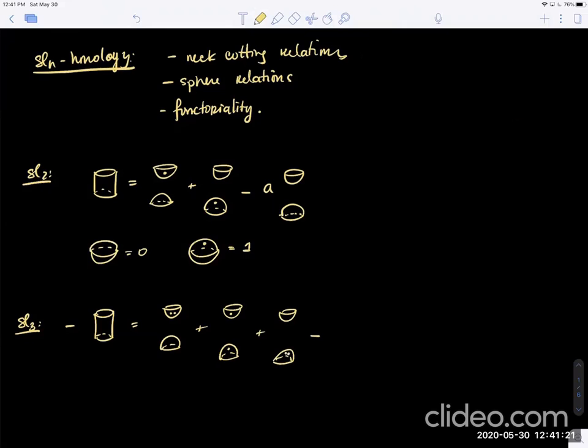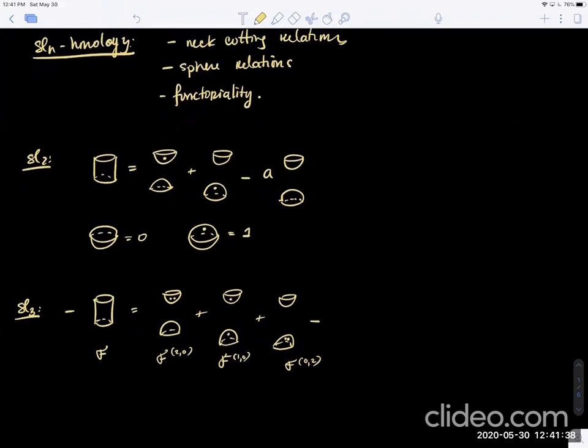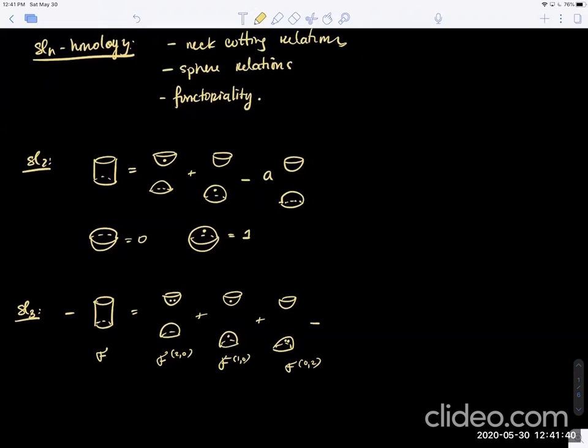For the sake of argument, let me call this F. Then this is what we would denote as F2,0, this would be F1,0, and this would be F0,2. This notation will be used later on, so I'm introducing it now so that you know what I mean later. The 1 and 0 just tell you how many dots you put in each component after you cut its neck. And then, of course, that's not all.